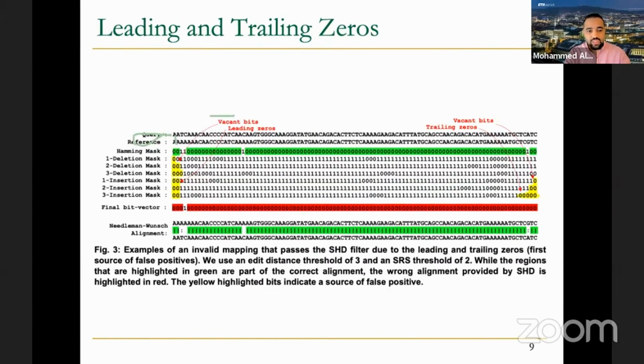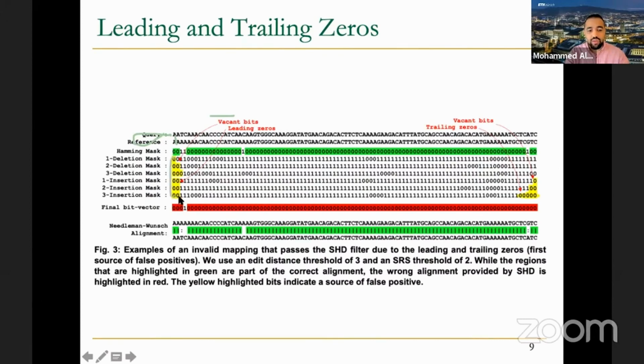Now, once we do the shift, the first character in the query sequence will be shifted to the second location. And once it's shifted, the first character from the reference has no corresponding location in the first sequence. So when you want to do the XOR, you cannot do it with that character, because it is what we call a vacant bit because of the shifting process. And for us, we consider these as zeros.